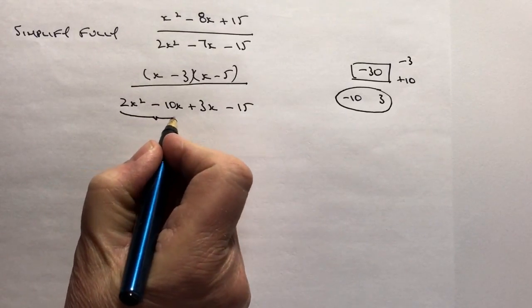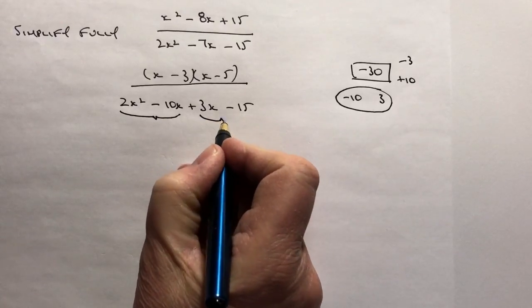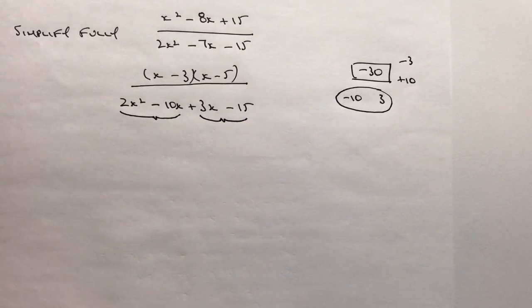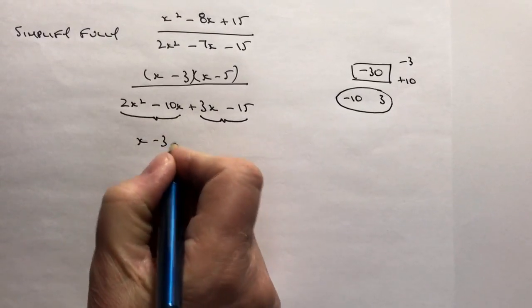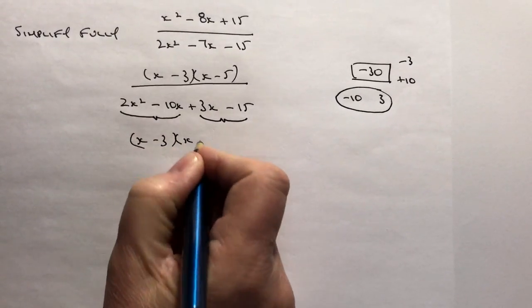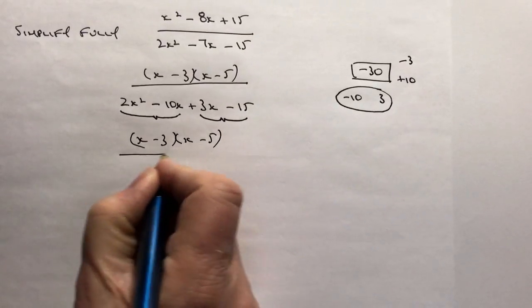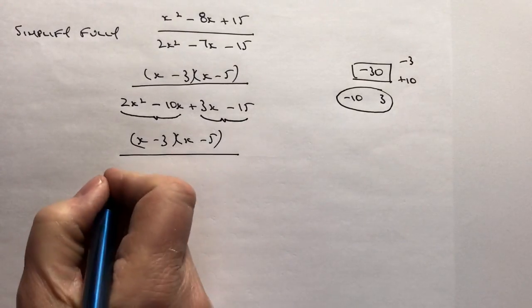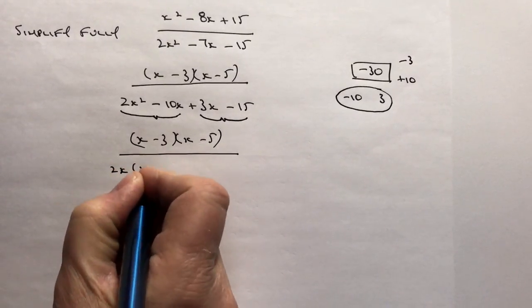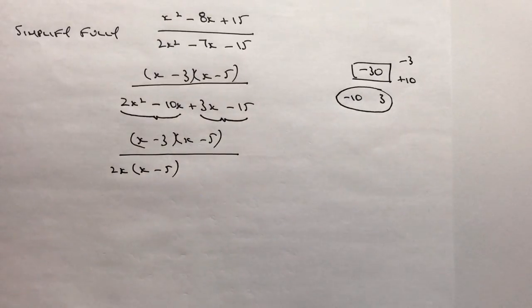I'm going to factorise this set, and I'm also going to factorise this set. I end up with x minus 3 multiplied by x minus 5 at the top. At the bottom, I look at 2x squared minus 10x and I take 2x out, and I end up with x minus 5.